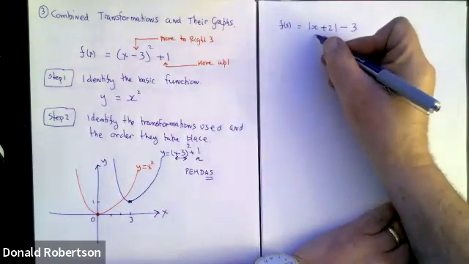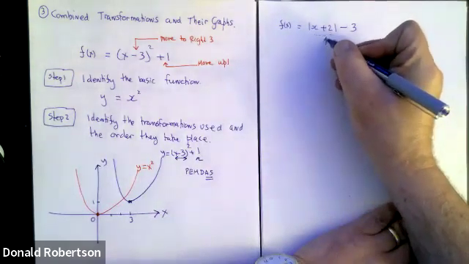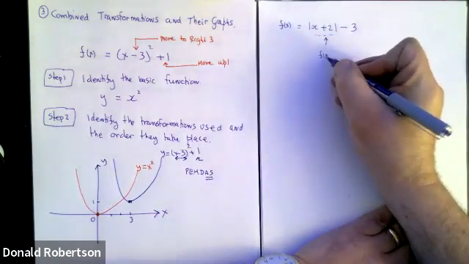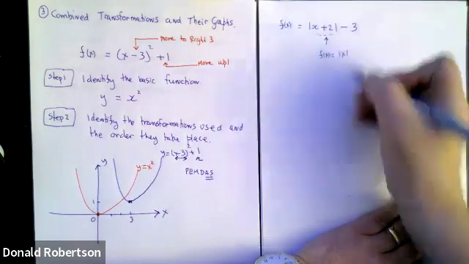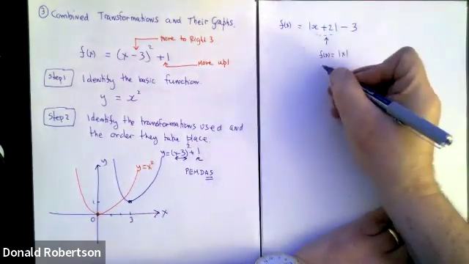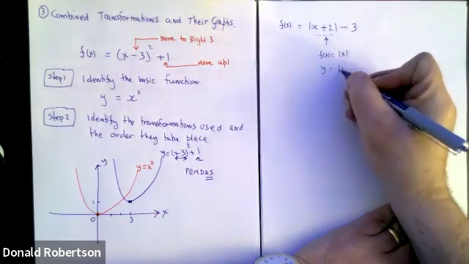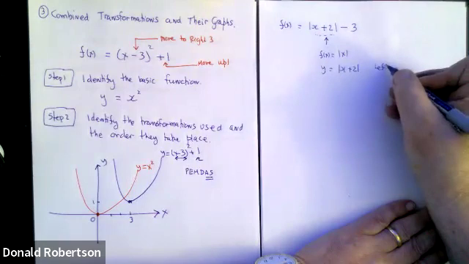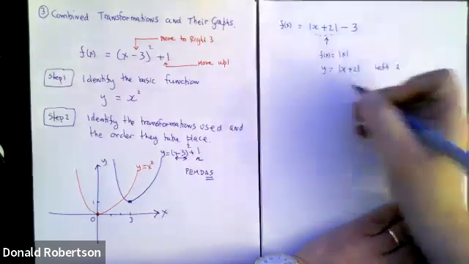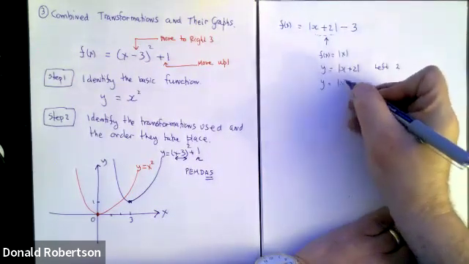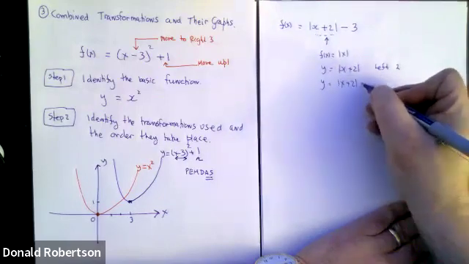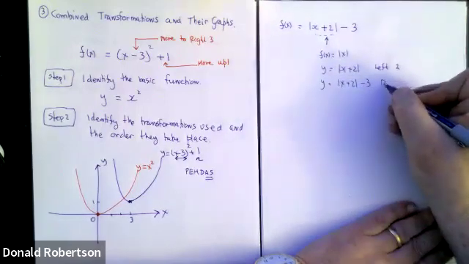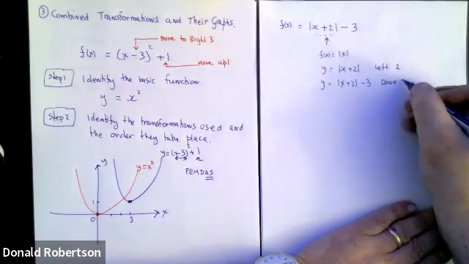I would look at this piece here and say, okay, I'm going to start with an absolute value function. I'm then going to do this part, which we all should understand is move it to the left 2. And then the last thing I'm going to do is this piece, which is move it down 3.